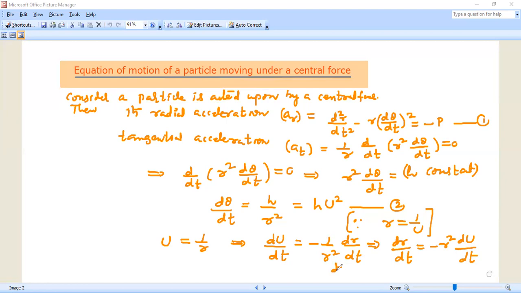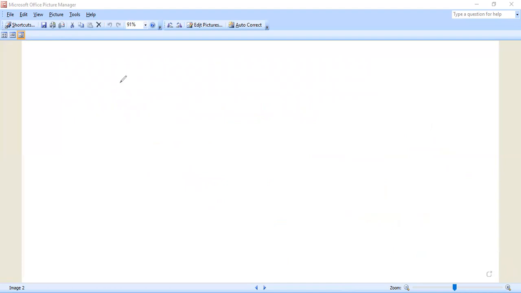Then dr by dt, with r equal to 1 by u, will be minus 1 by u square du by dt. So rearranging it and writing, dr by dt is equal to minus 1 by u square du by dt, that equals minus 1 by u square du by d theta into d theta by dt.